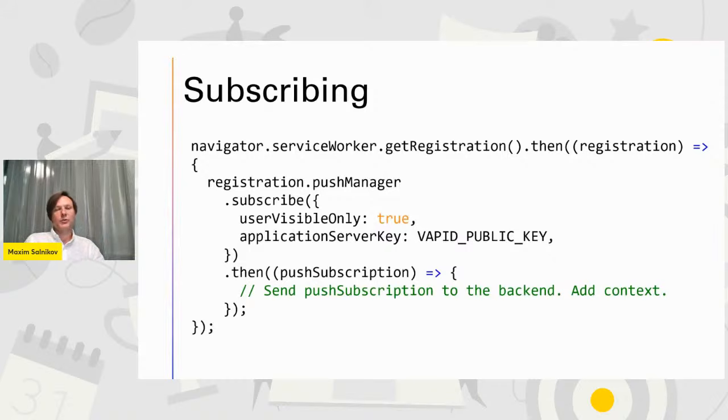And then if everything is good, you push code, something like this, into your web front-end application, where you first of all get the registration object of the available service worker, and you use the push manager object of this object, where you actually call this method called subscribe, where you provide the VAPID public key we discussed before.